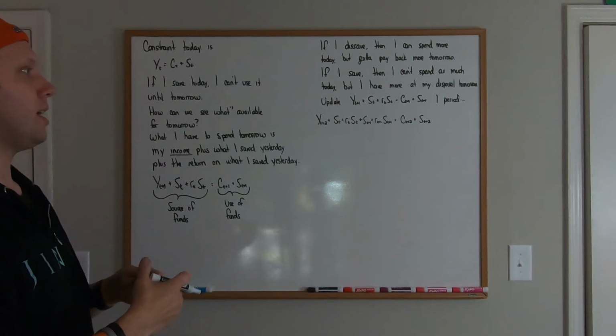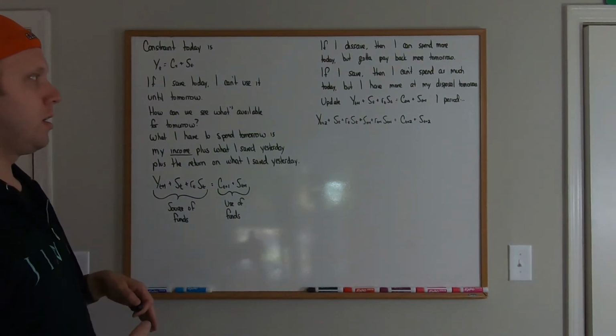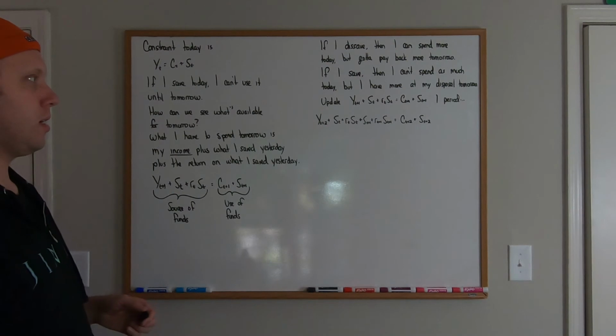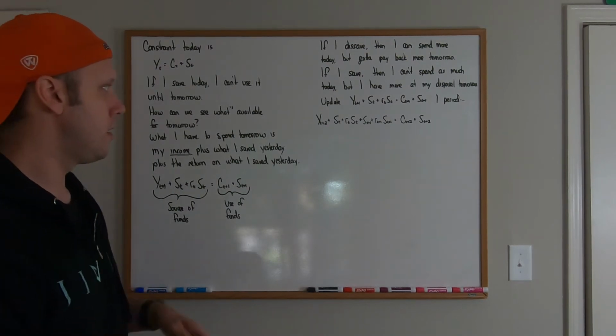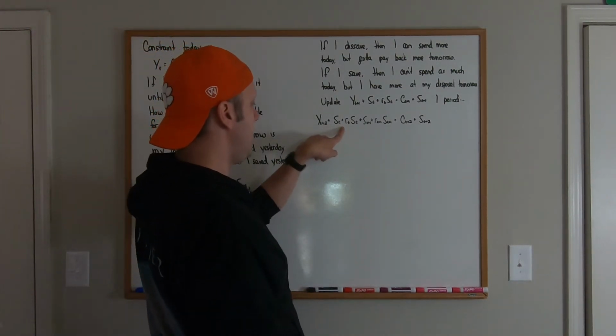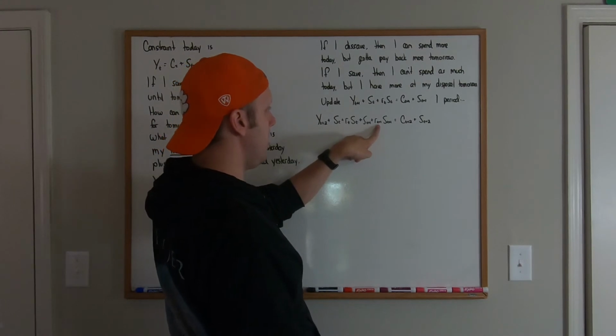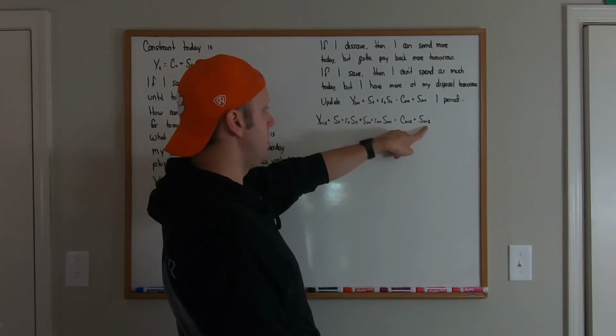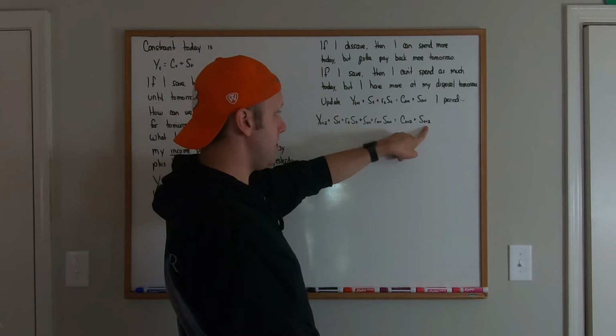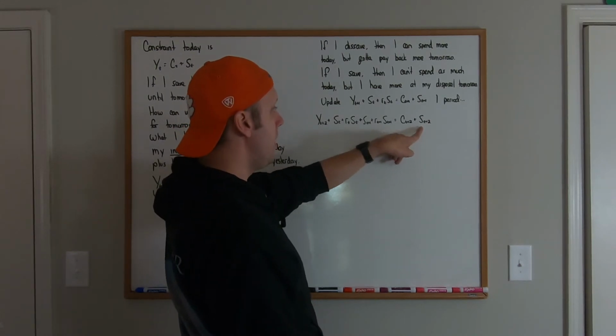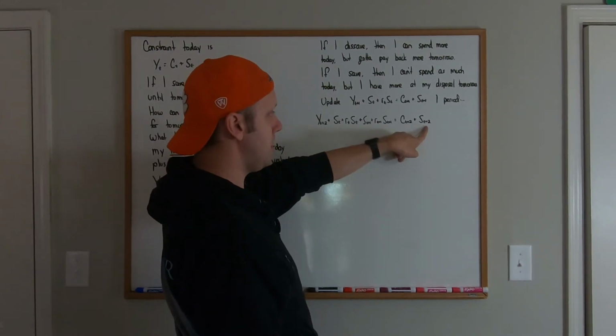All right, and if I wanted to take it one step further, I could have y_{t+3}, and I would have this from the first period, this from the second period, plus s_{t+2}, plus r_{t+2} times s_{t+2}, equals c_{t+3} plus s_{t+3}.